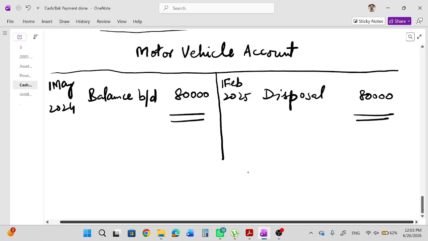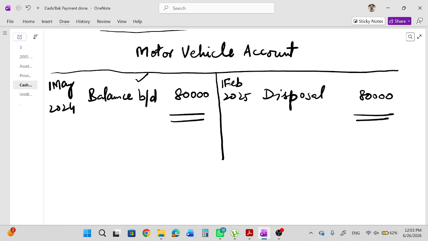It will be like this: motor vehicle account, on 1st May 2024, balance BD 80,000, means this account already contained our asset that we bought in 2021 for 80,000, and still we have that asset. So it is coming on the debit side.